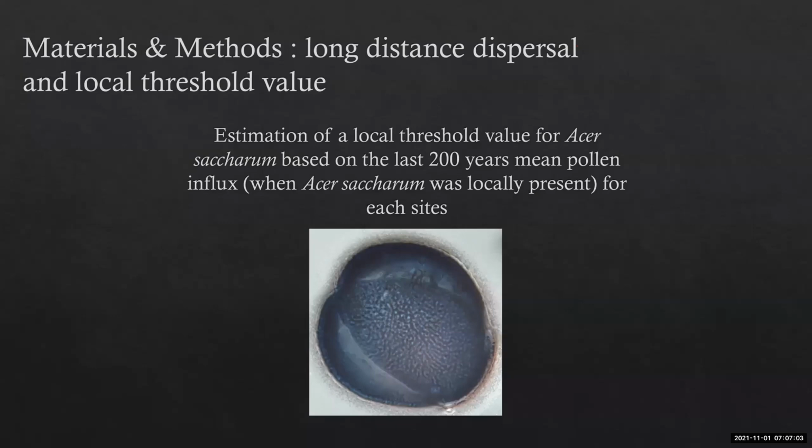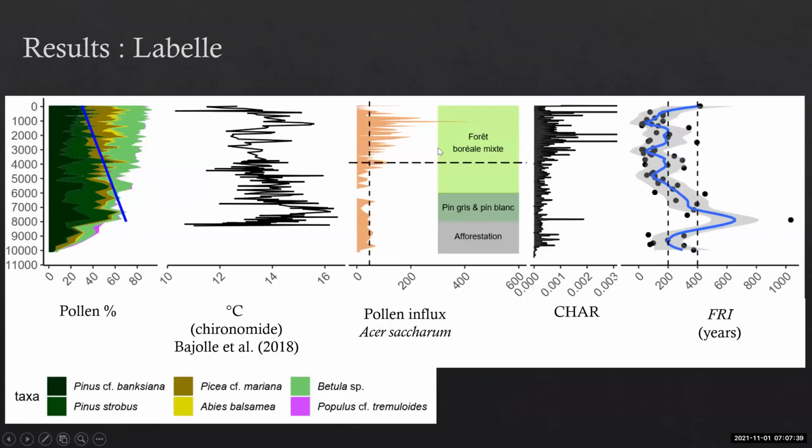So to have a guideline for the rest of the Holocene, I calculated a local threshold value just for Acer saccharum based on the last 200 years. For every centimeter of the 200-year record, we have the pollen influx, and this is the mean of the species' pollen influx. You will see this local threshold value on the results.